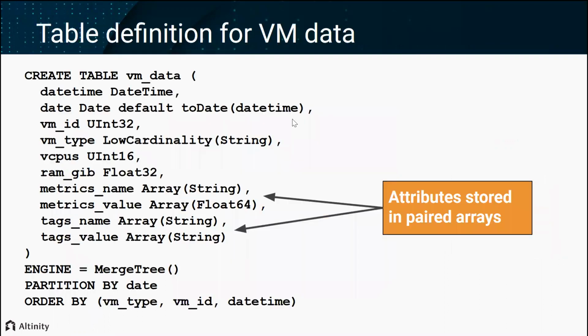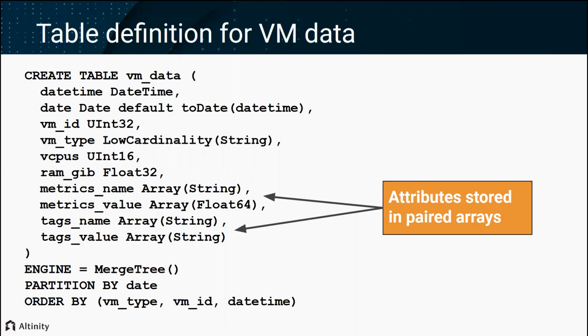So when we have key value pairs, it's very common to set up a table where you'll have your header values as scalars, and then you'll use paired arrays to represent the name of the property that you're looking at, as well as its values. So for example, for the metrics, which are basically numeric, we have here a metrics name, so that gives us an array of the names, and then in exactly the same order as the names, a bunch of floats that give you actual values.